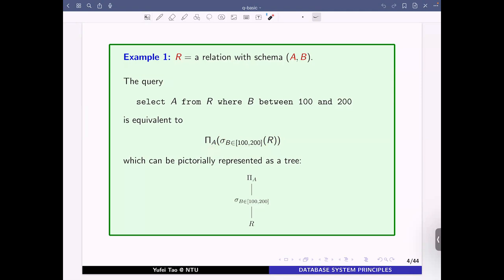Okay, so alternatively, you can represent the process as a tree like this. So you want to evaluate this tree in a bottom-up fashion. So as you can see, this is the relation R, and this is fed into this operator here. I don't know if you can still recognize this operator.